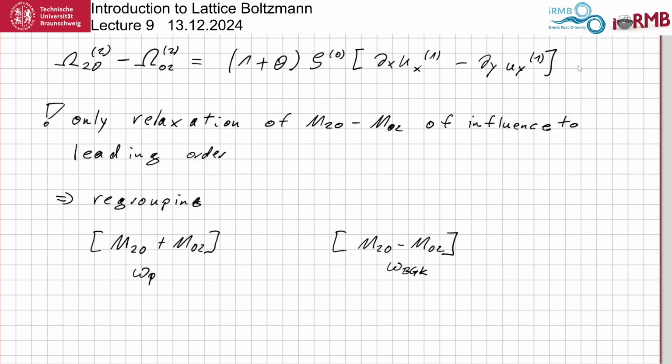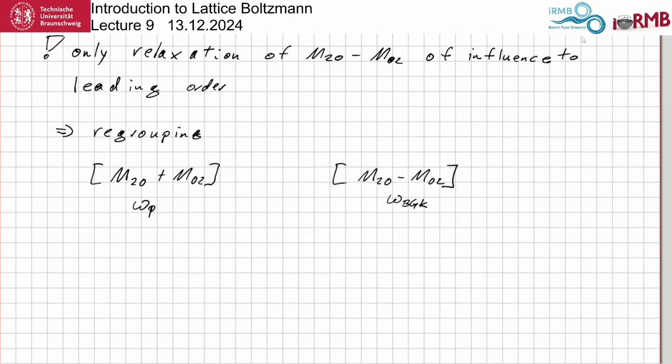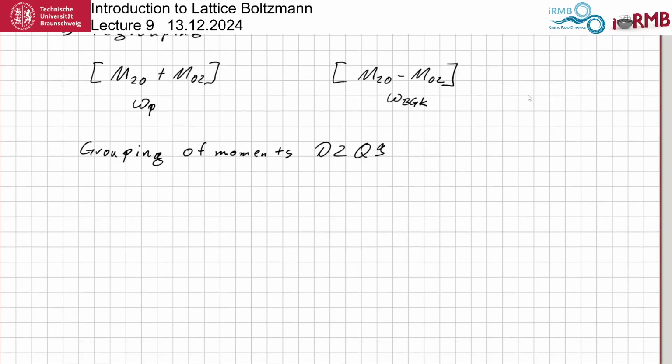Now, let's look at all the moments in our two-dimensional example, in 2D2Q9. So what moments are available here? We have moments M00, M10, M01. So these are conserved moments. Yeah? So no relaxation here.